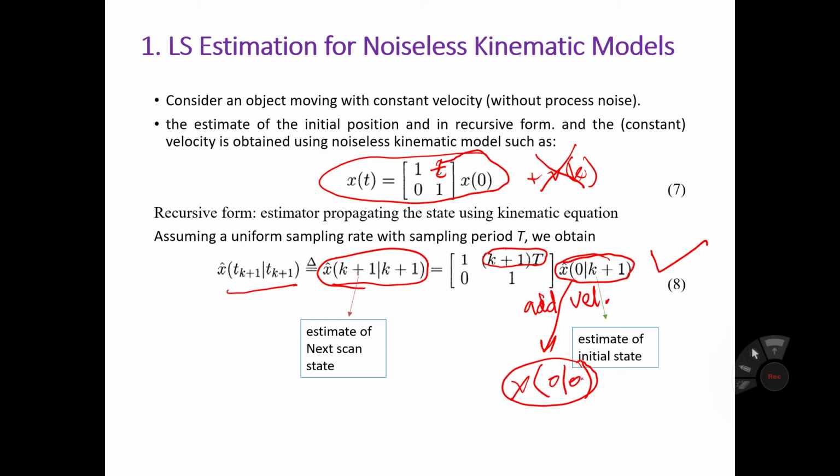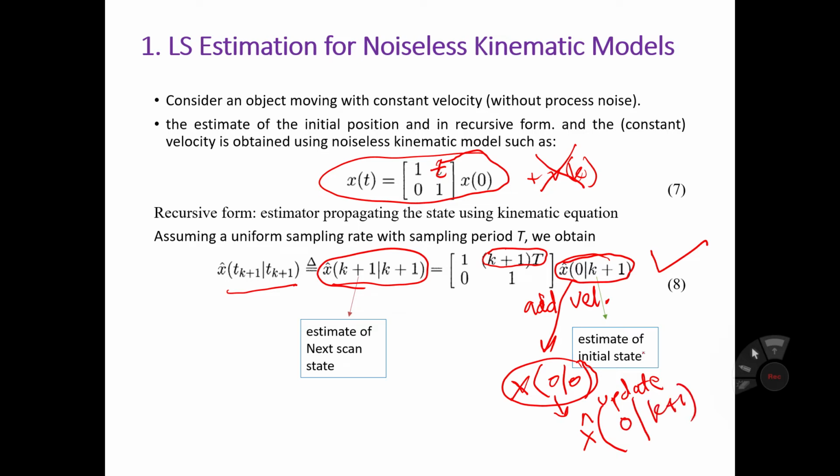The initial state is already known, and then the estimate of this state is obtained by 2-point differencing, like this one. If we update this using the 2-point differencing, we will get the estimate of the state at k plus 1.